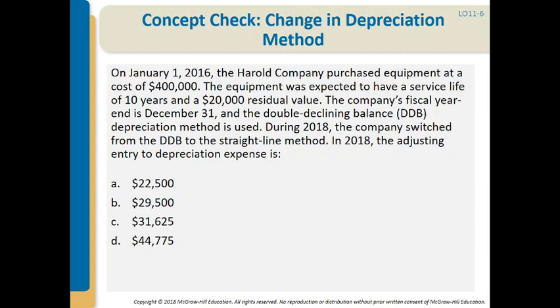And so that first year, you're going to depreciate 400,000 times 20%, so 80,000 for the first year, and then in the second year, you're going to depreciate 320,000 times 20%, so 64,000, so a total of 144.